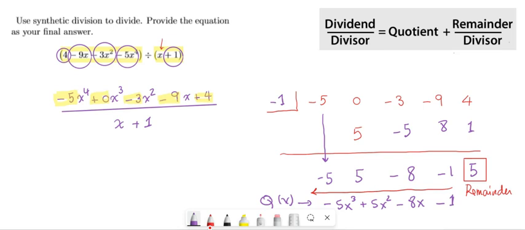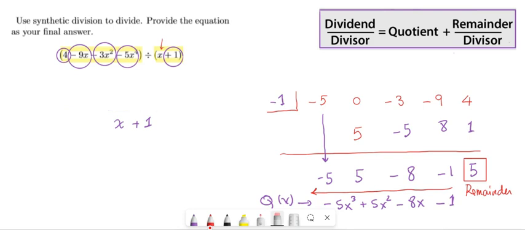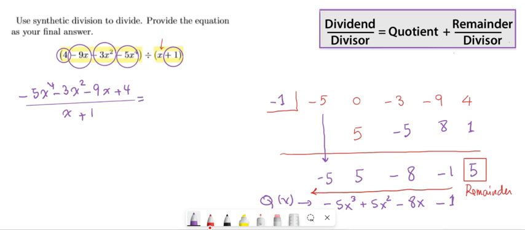Now we're going to follow this formula over here to write down our result. Let's clear this a little bit. Okay, so your final result is the following: minus 5x to the 4th minus 3x squared minus 9x plus 4, divided by x plus 1, equals the quotient, which is minus 5x cubed plus 5x squared minus 8x minus 1, plus a fraction.